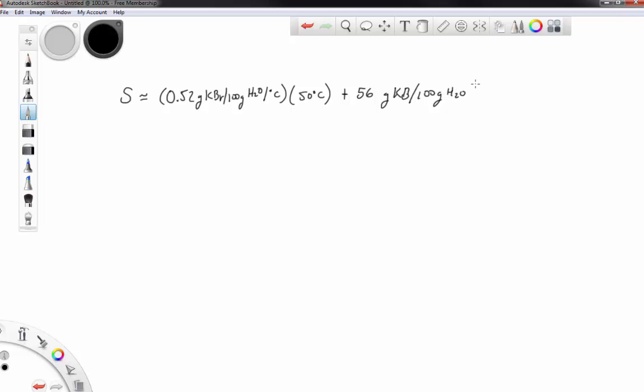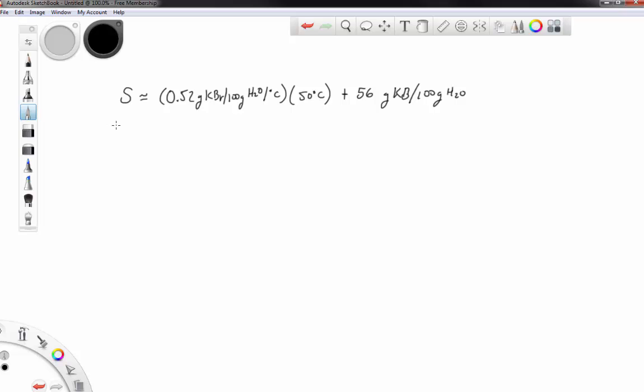Alright, so that's our solubility, and the question was how much can actually be dissolved in the water. So that 84 number that I found in the previous method is the solubility. So per 100 grams, you'd have to multiply that by 100 grams, and that gives you 84 grams dissolved in 100 grams of water.